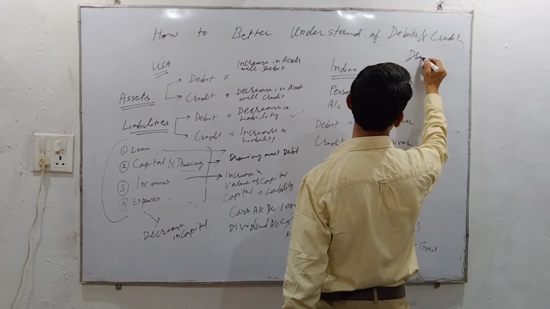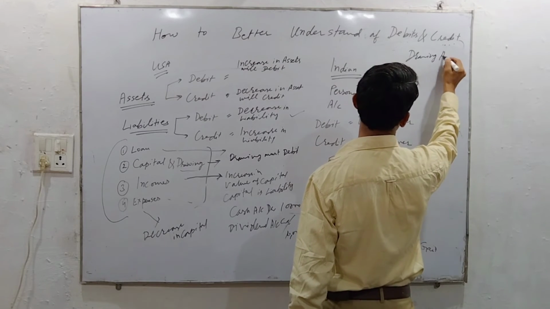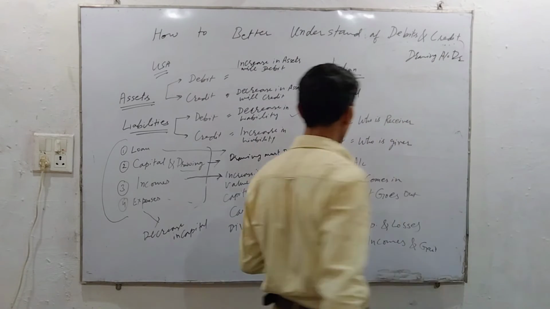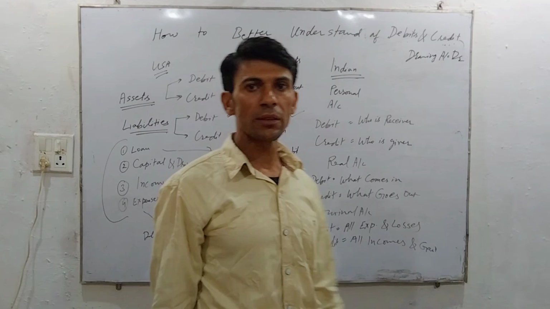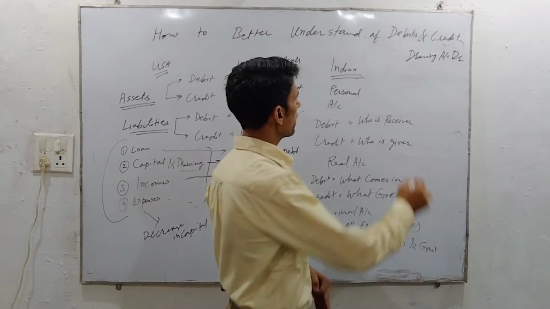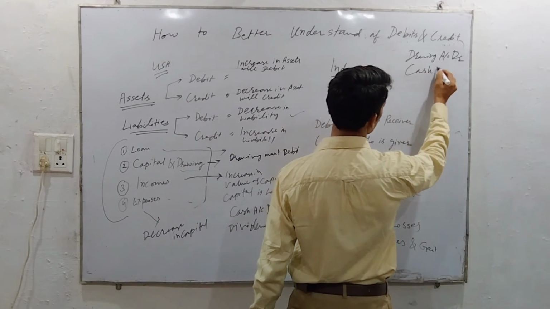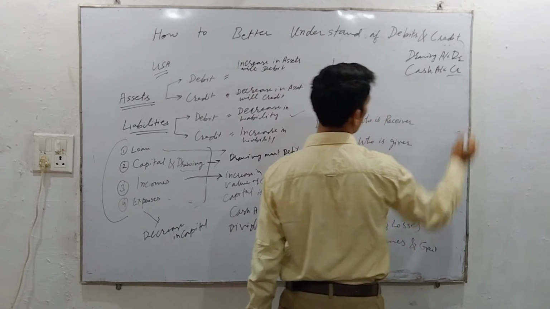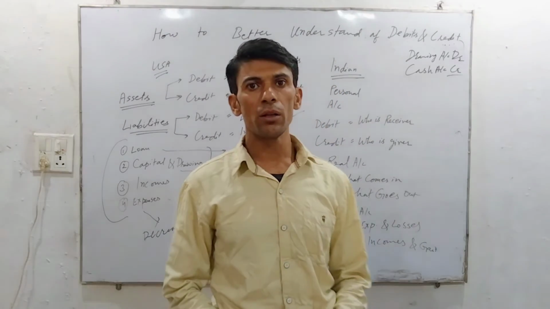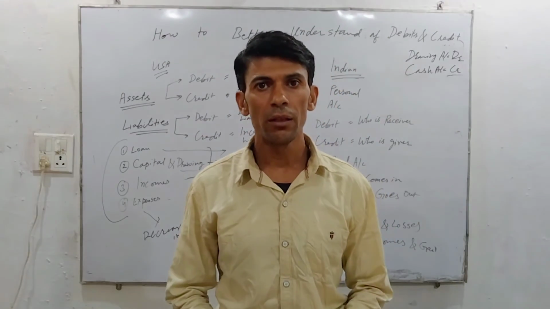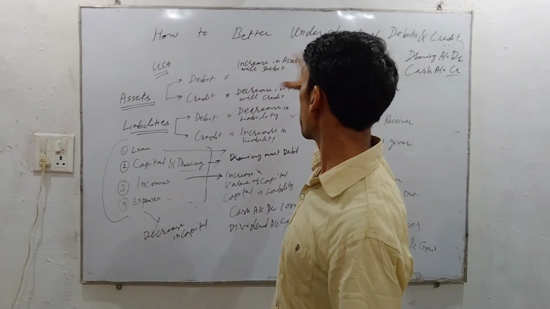Drawing account debit. And what goes out of our business? Our cash asset, so cash account credit. Okay. I hope you understand these concepts of how to better understand debit and credit.